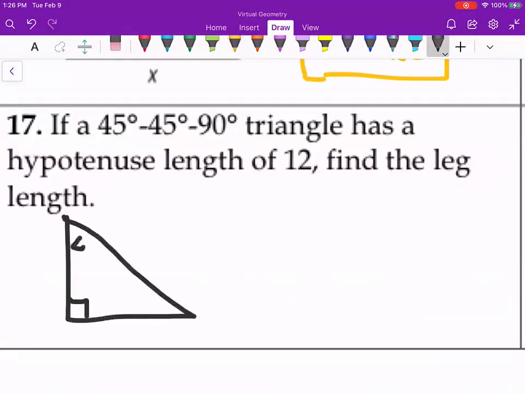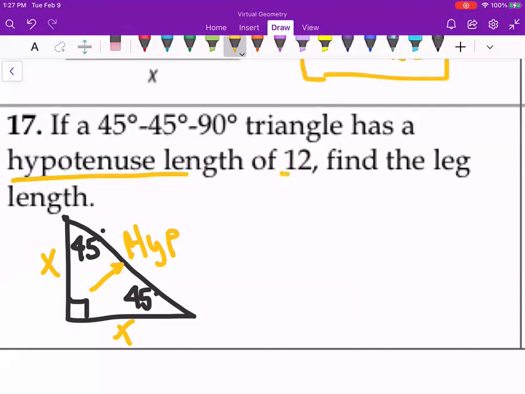But again, it is a 45, 45, 90. Across from whatever corner you put that 90 in, that's your hypotenuse. And we need to find the leg length. And again, it doesn't matter which leg because they are in fact the same. And it says the hypotenuse is 12.